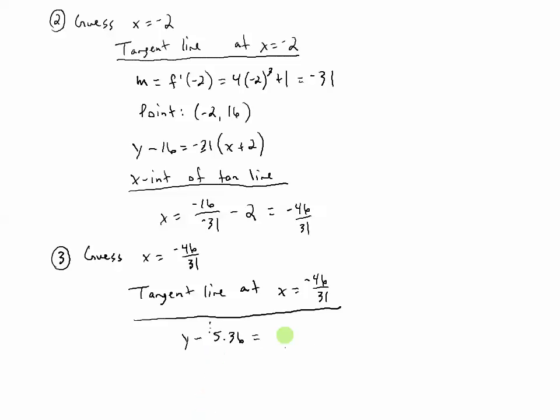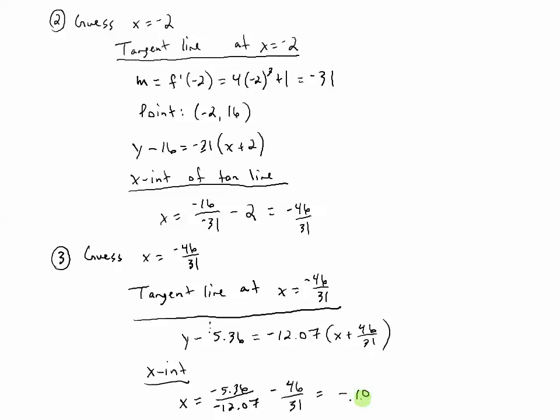Y minus 5.36 equals the slope, which if you calculate, you get approximately negative 12.07, times x plus 46 over 31. The x-intercept, if you plug in 0 for y, you get x equals negative 5.36 divided by negative 12.07. Subtract 46 over 31, and you get negative 1.04.